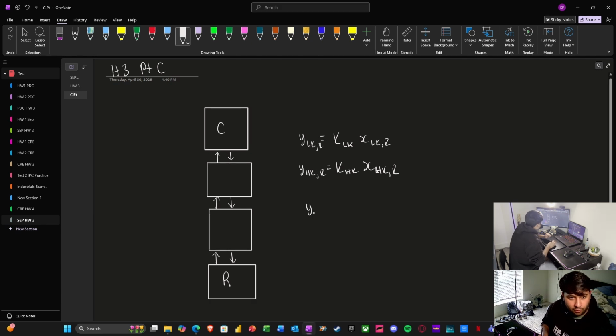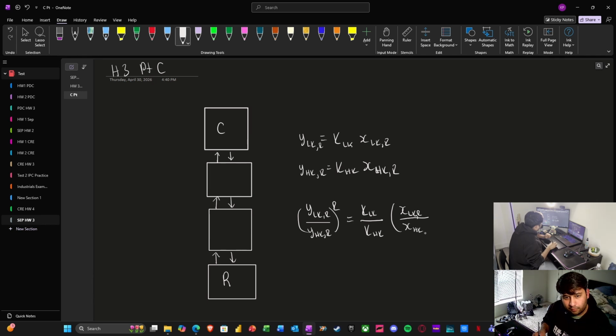So when we have our light key R over our heavy key R in terms of our reboiler, then we have our K_LK and then K_HK, and I'm going to keep these separate for a second just to explain further.